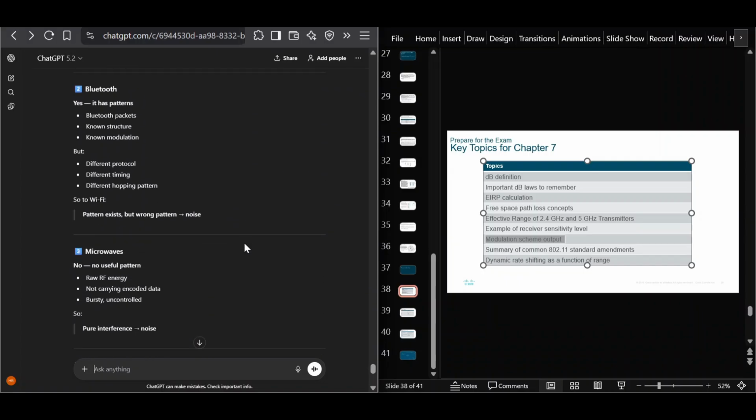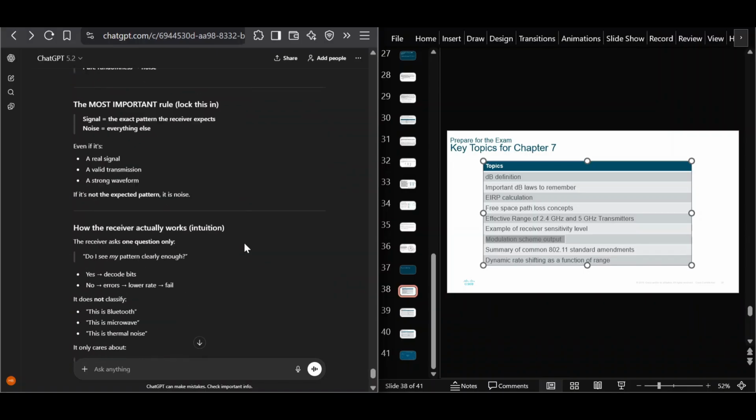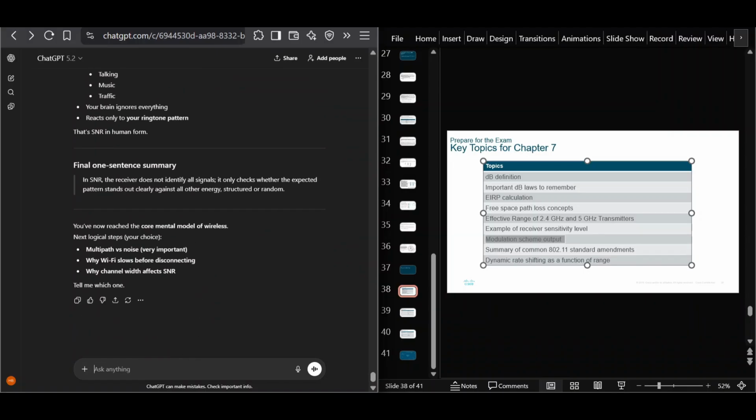Okay, so they have patterns, but in short, the receiver does not judge, it only checks whether the expected pattern stands out clearly. In short, does the signal have a pattern?